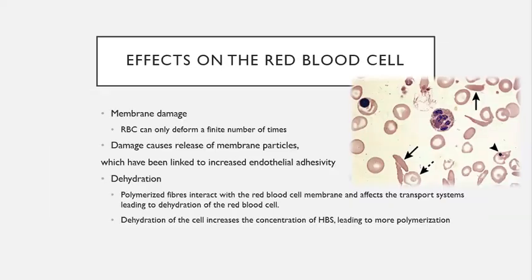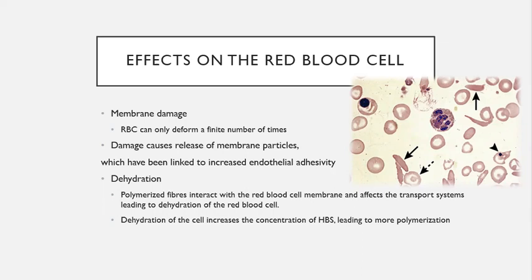Now we look at the effects on the red blood cell. So it does cause membrane damage. Essentially the cells can only deform and reshape a finite number of times, and they will then eventually maintain the sickled shape and won't return to the round biconcave structure.